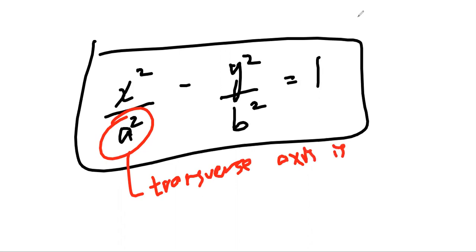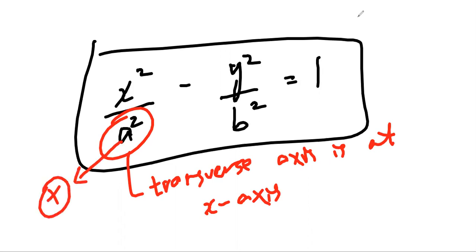Where a will be positive, there the transverse axis is at that axis. Now a is written below the x term. That's why this is for x-axis. Transverse axis lies on the x-axis.